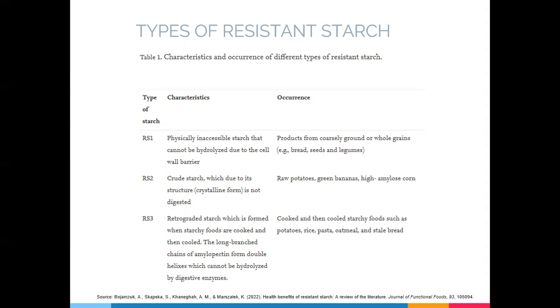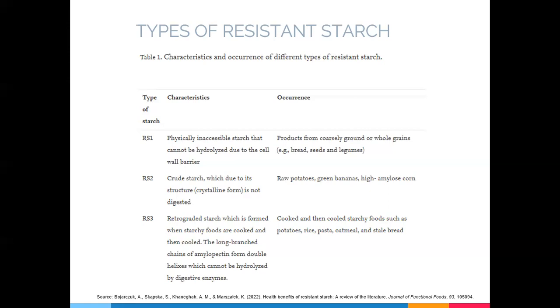Okay, so by the way, resistant starch is just like the other types of starch, it is composed of glucose units. But the thing is, the enzymes cannot break this down. So that's why this type of starch is considered resistant. It's not like cellulose that has beta linkages.